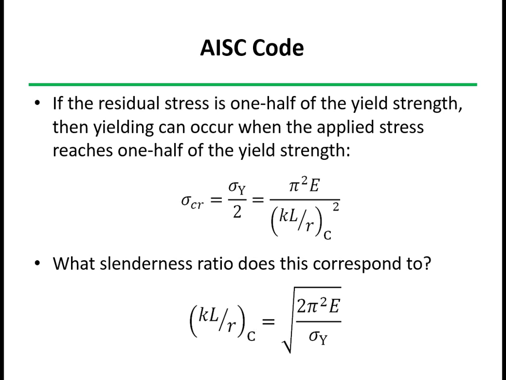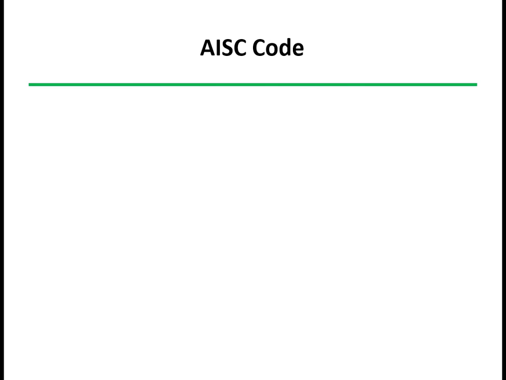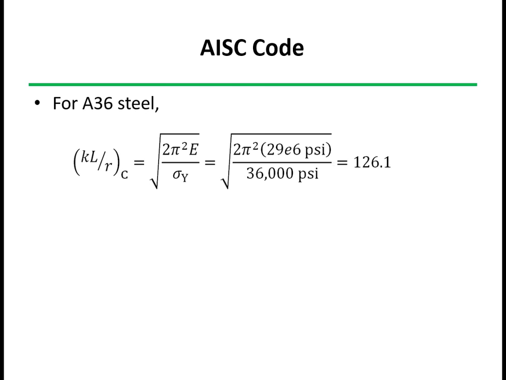So there's our equation here, and so what that separates is we say that the Euler buckling equation only applies for a slenderness ratio that's greater than this critical KL over r. Now for A36 steel, this is only dependent on the modulus and the strength, and so we come up with a value of 126.1.